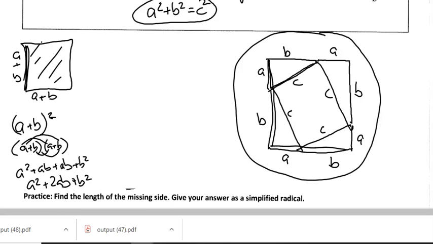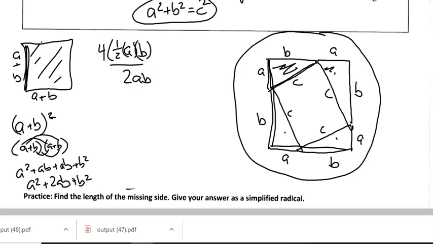Now, a different way of doing this is I'm going to add up all the parts. We have 1, 2, 3, 4 triangles, and each one has an area of 1/2 its base, which I'm going to call A, times its height, which I'm going to call B. So that would give me 2AB.